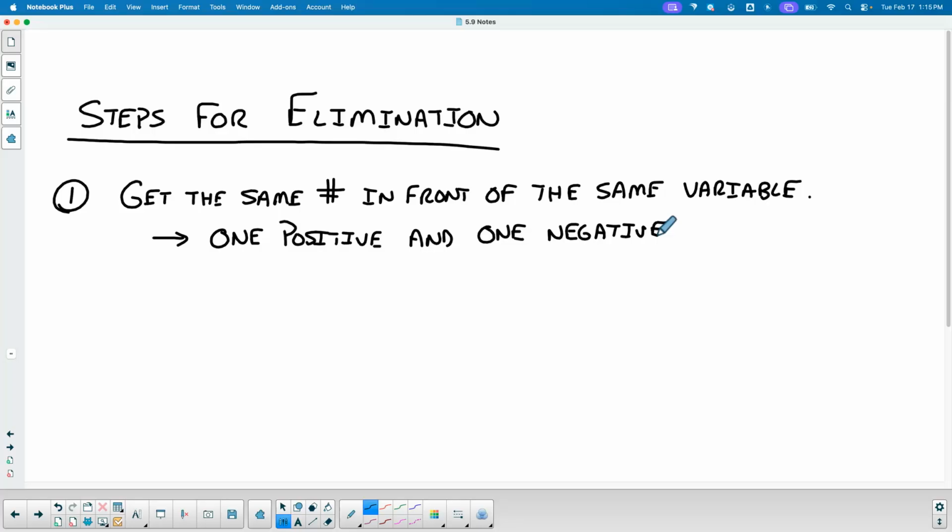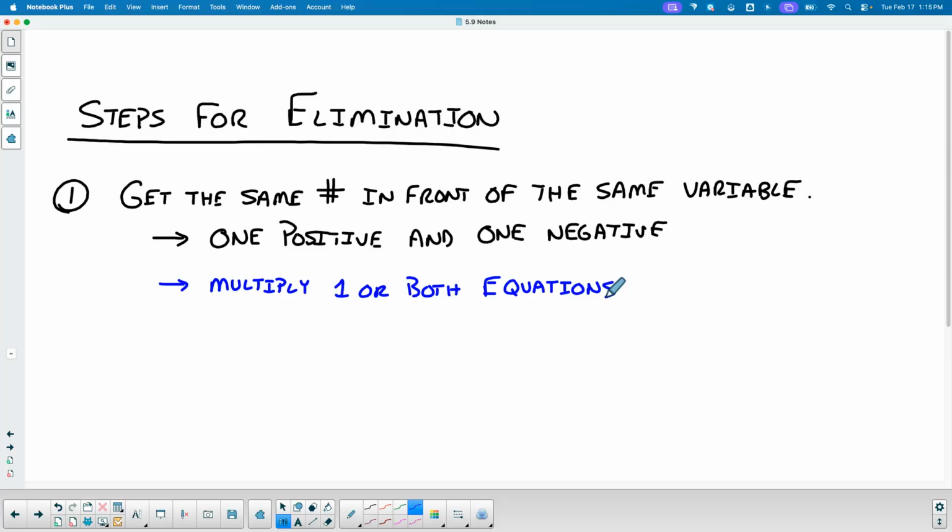If it's not, then we do that by multiplying one or both equations by a number. And we have to multiply the whole thing, all 3 parts, because there's going to be an x part, a y part, and a numbers part.